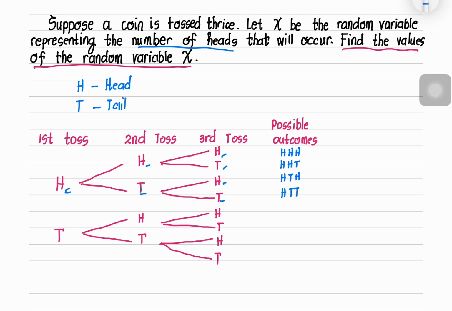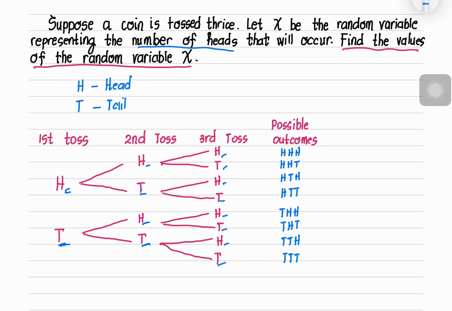And then, so we have tail, head, head. And then, tail, head, tail. And then we have tail, tail, head. And then we have, last one, tail, tail, tail. So, these are the possible outcomes.